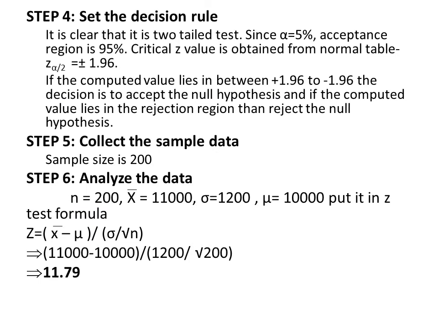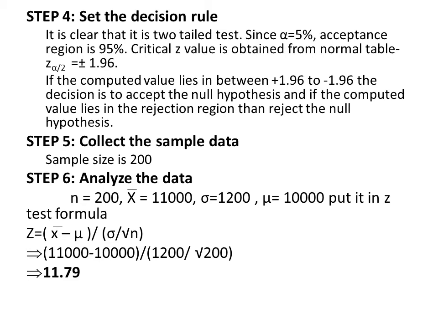Step number 4 says set the decision rule. It is clear it is a two-tailed test from the alternate hypothesis. The level of significance is also mentioned, so the acceptance region is 95%. The critical Z value, which is obtained from the Z table for the acceptance region of 95%, is always equal to plus minus 1.96.